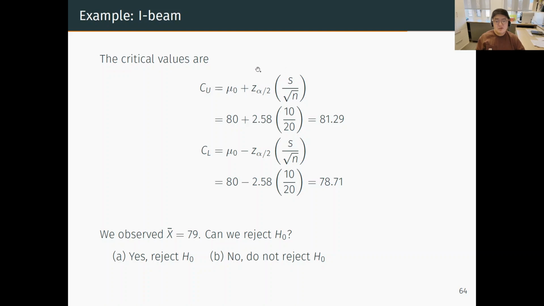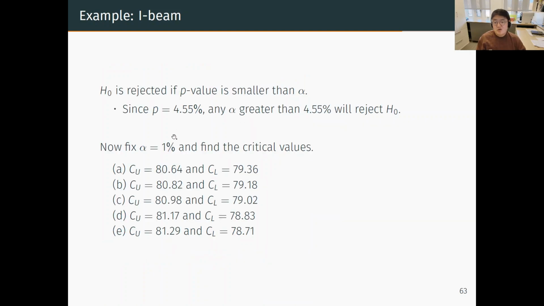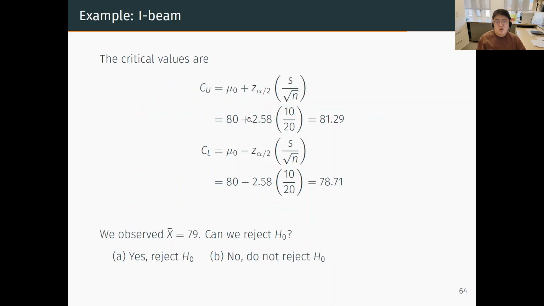This is really similar to the confidence interval, right? Z alpha over 2 is calculated from the standard normal distribution. And this part, S over square root n, is the standard error of the sample average, okay? And you need alpha, 1%, to determine Z. This Z alpha over 2 value depends on alpha. And because we are using 1%, we are going to use 2.58 for this constant.